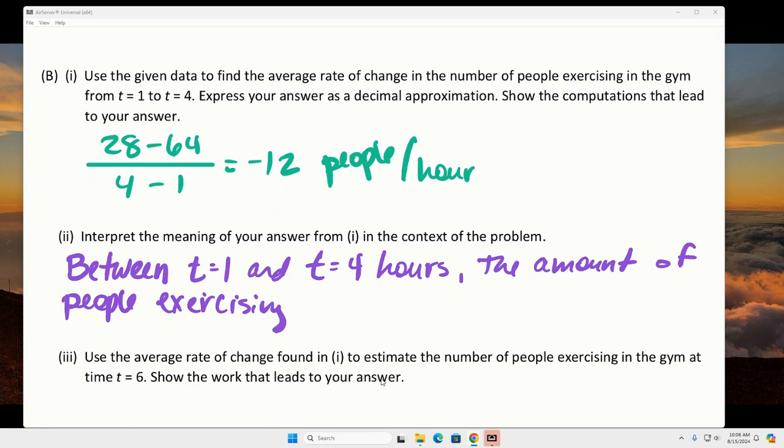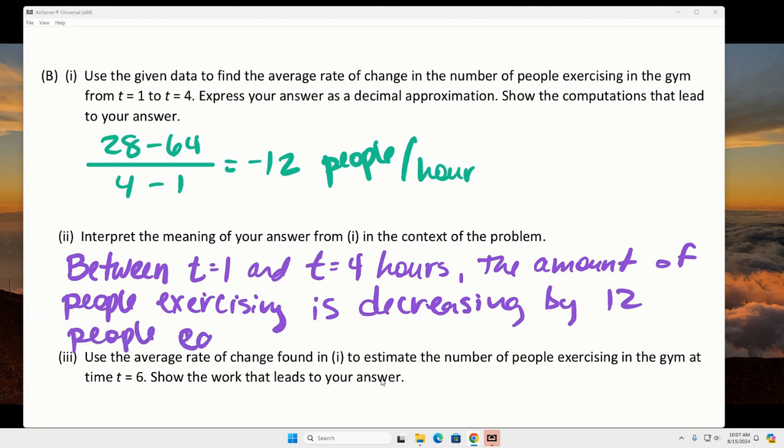Would you guys say the amount of people is increasing or decreasing? Decreasing. Because a negative rate of change is going to mean that the amount of people is decreasing by 12 people each hour.